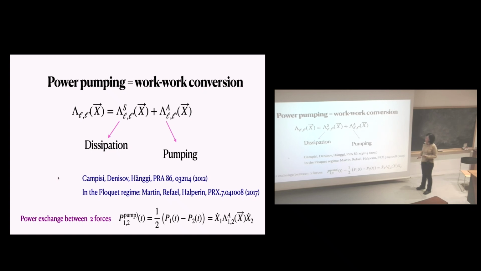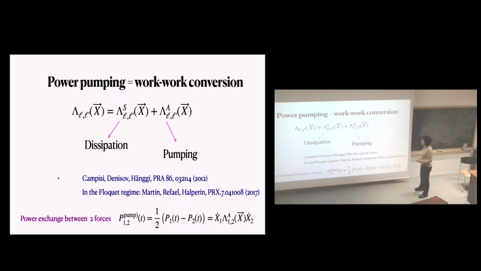But we can ask ourselves what happens with the antisymmetric one. In most of the protocols, you have only a symmetric component, but you can figure out protocols where you also have this antisymmetric component. And what is the meaning of this antisymmetric component?